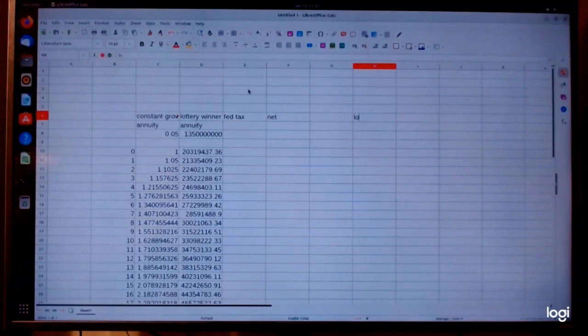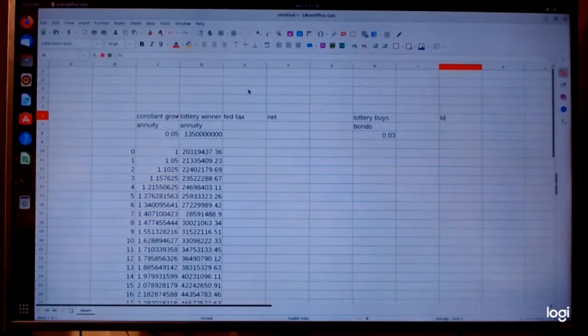And it said the lottery buys bonds, and this will be some rate. I'll put that as 0.3 for right now as a placeholder.